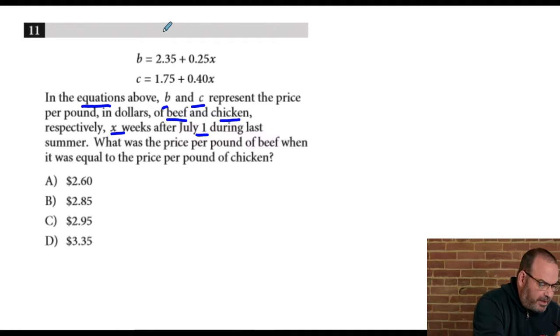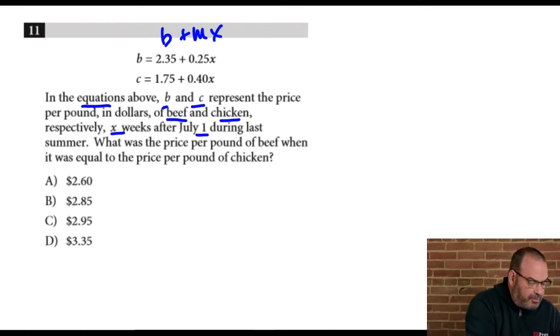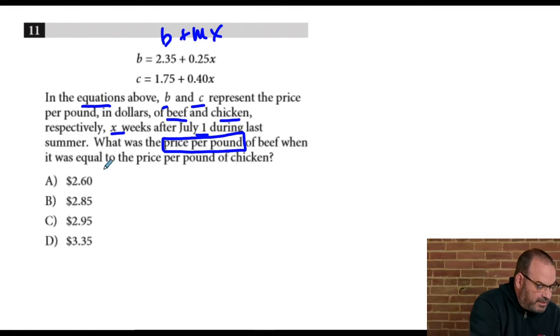Notice it's the typical SAT, which is B plus MX. We've gone over that in equations several times. What's the price per pound of beef when it is equal to the price per pound of chicken? So we have to solve for X and then plug it back in to get the price per pound.